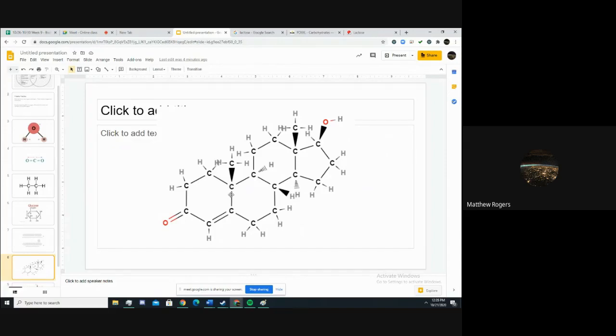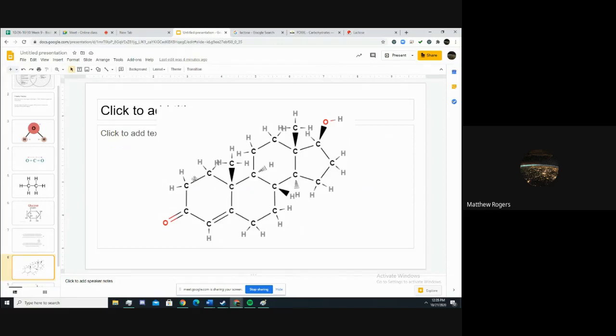This is the secondary sex hormone of males. And you can see right away that even with the oxygens, there's still so many carbons. Side note, fun fact, testosterone is a steroid. Steroids always have 4 rings.